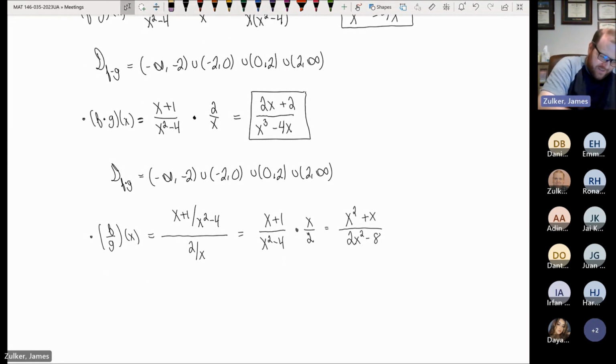Its domain is the domain of f intersected with the domain of g.